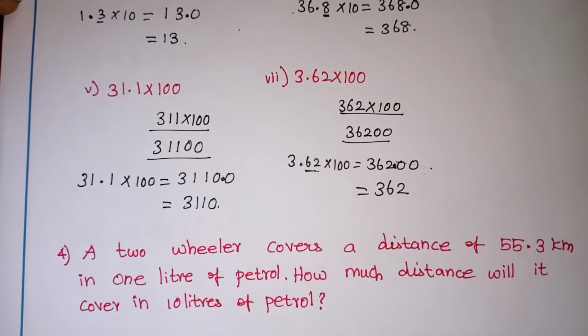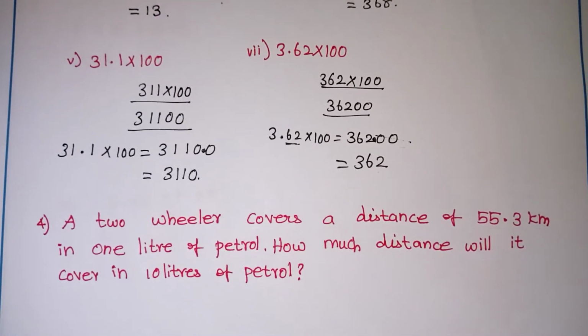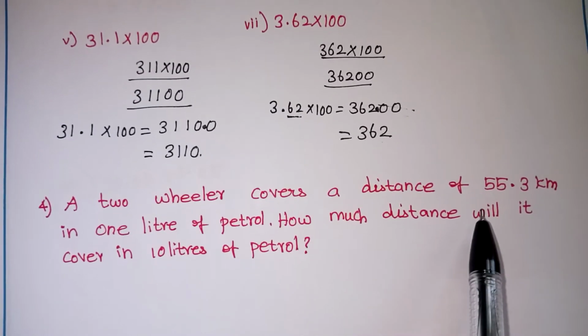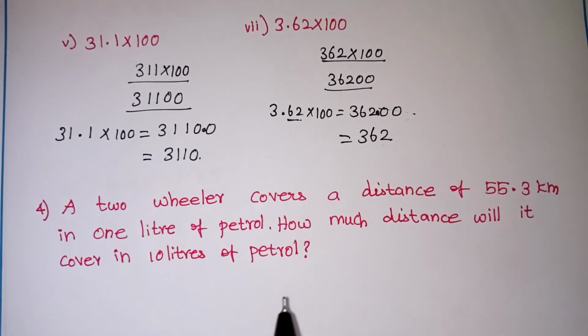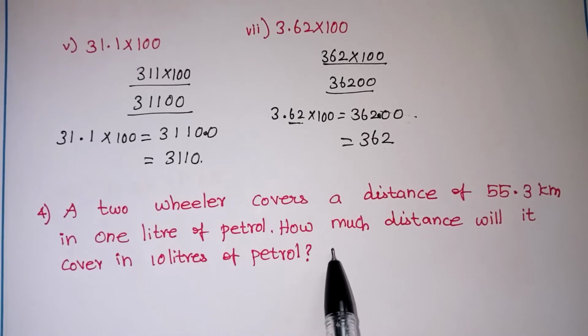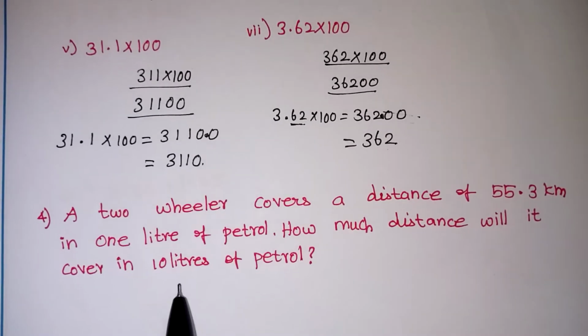Question number 4. A two-wheeler covers a distance of 55.3 kilometers in 1 liter of petrol. How much distance will it cover in 10 liters of petrol?